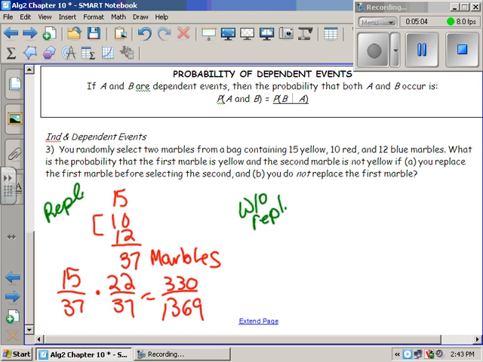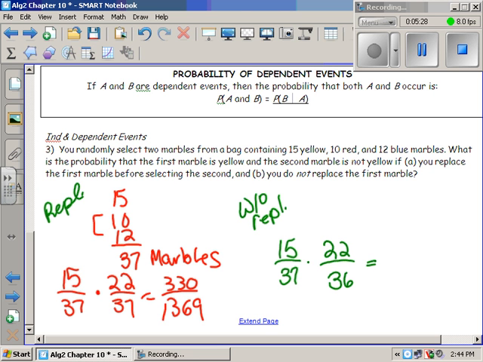I'm not putting it back in the bag. So the first time, I still have my 37 marbles in there. So I'm going to pick a yellow, and it's going to be 15 out of 37. But the second time, I now only have 36 marbles, and one of the yellows is gone. So my non-yellow is still 22, but this time it's only out of 36.